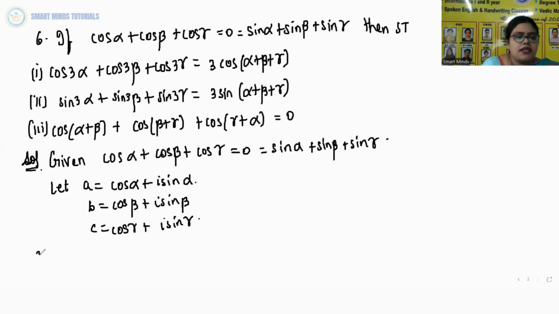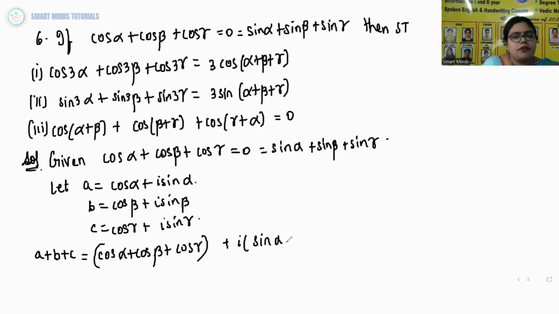First let us take A plus B plus C. If you add these three, I can write cos alpha plus cos beta plus cos gamma, plus, taking i common, sin alpha plus sin beta plus sin gamma.